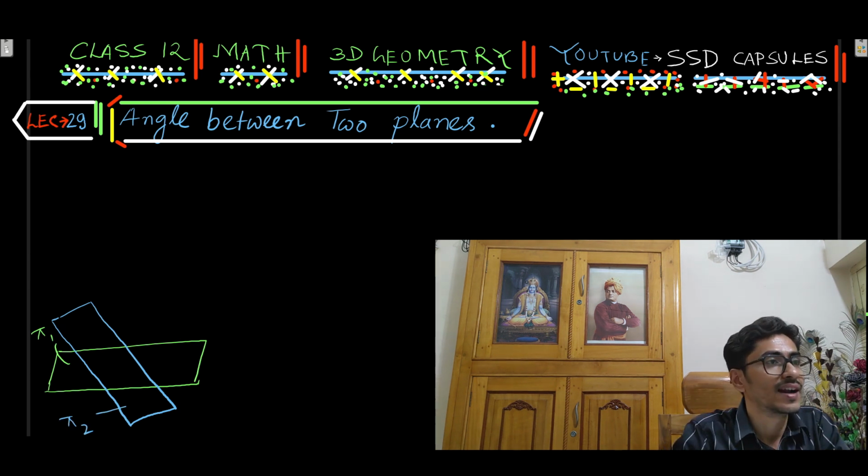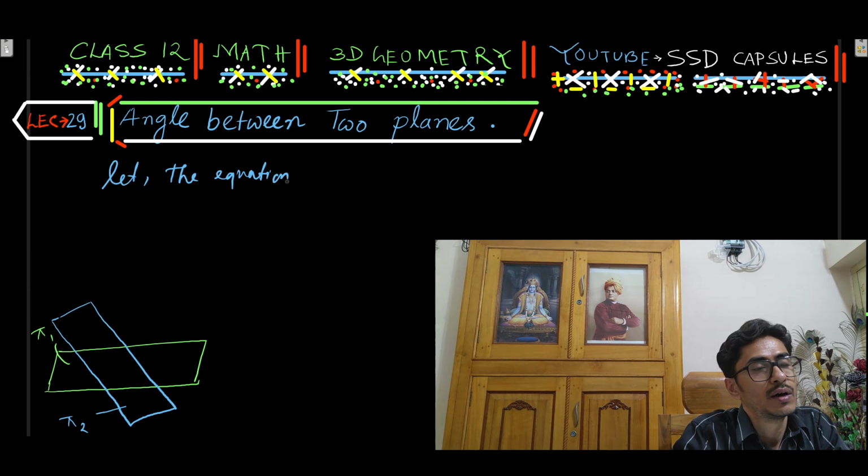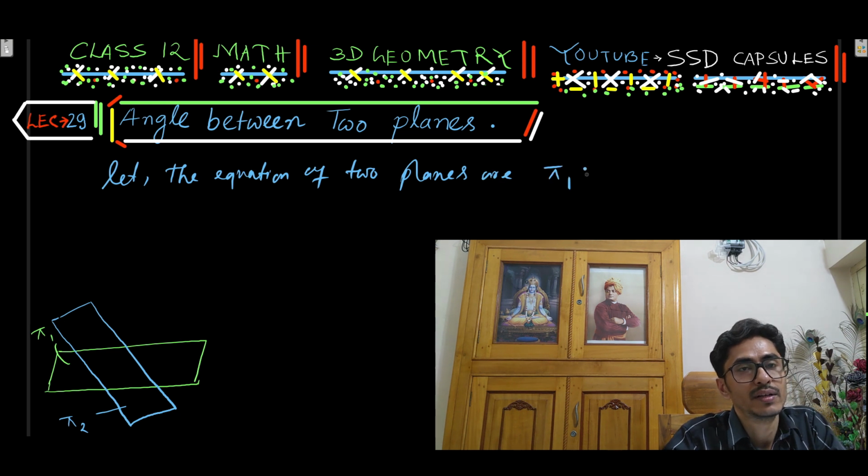Now here let the equation of the two planes be: pi 1 is r vector dot n1 vector equal to d1, and the equation of plane pi 2 is r vector dot n2 vector equal to d2.